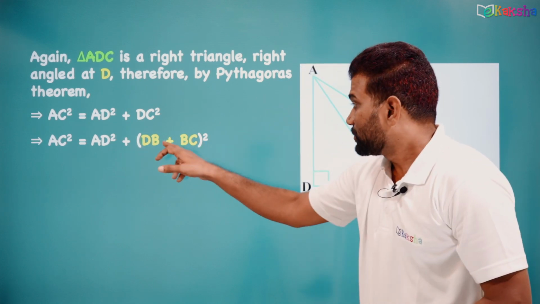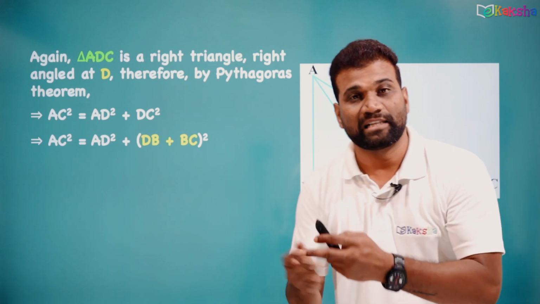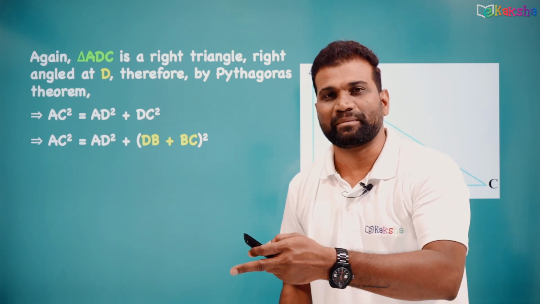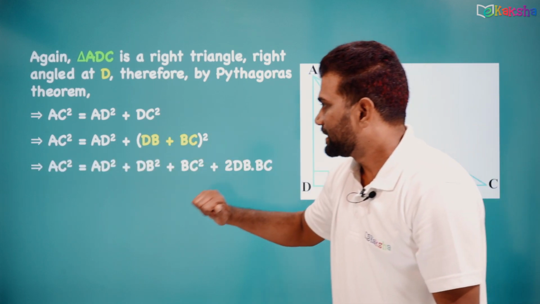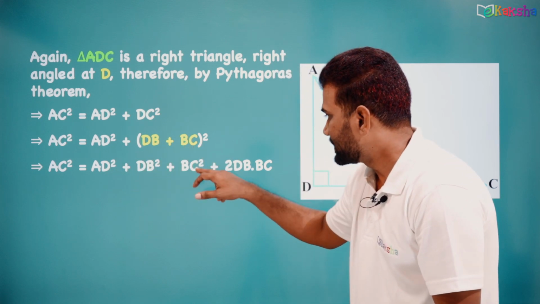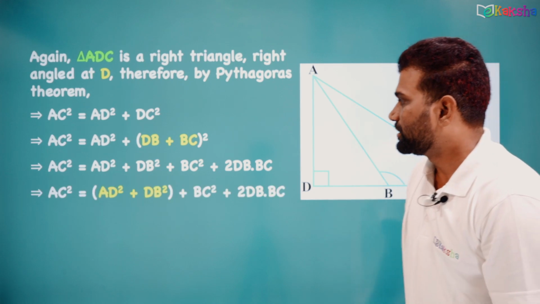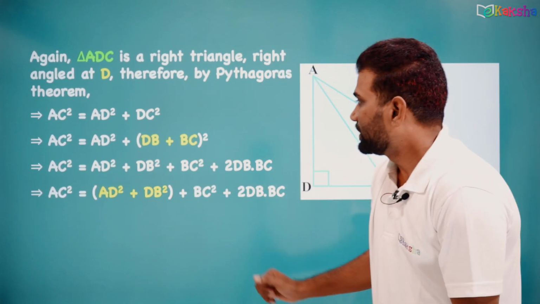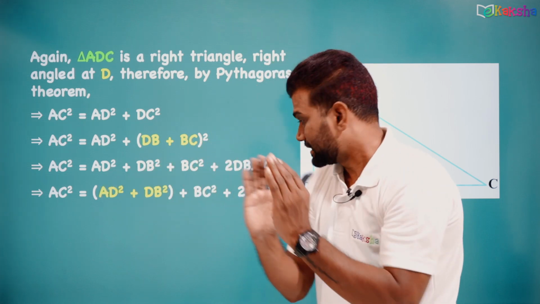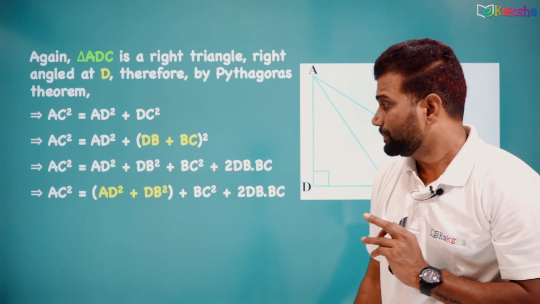Clear? This looks like (A plus B) whole square. So we will expand it by using the algebraic identity (A plus B) whole square equals A square plus B square plus 2AB. By expanding, AC square equals AD square plus DB square plus BC square plus 2 times DB into BC. Now AD square plus DB square together we take as a term, plus BC square plus 2 times DB into BC.